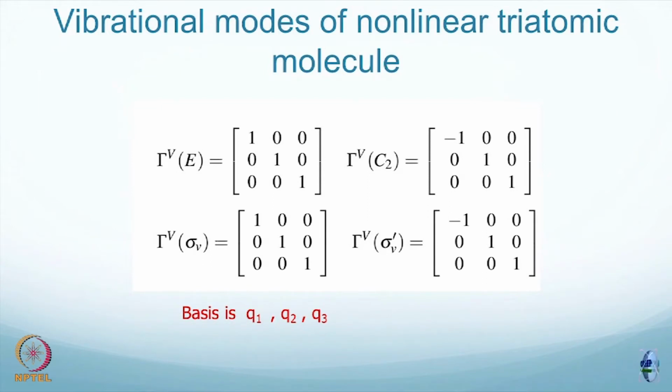Okay. So, what have I done? By the long method I had found out that Q1, Q2, Q3 essentially will contain the normal modes. Now, I have written a reducible representation for those 3 coordinates to find which linear combination of Q1, Q2, Q3 will actually give me the normal modes.